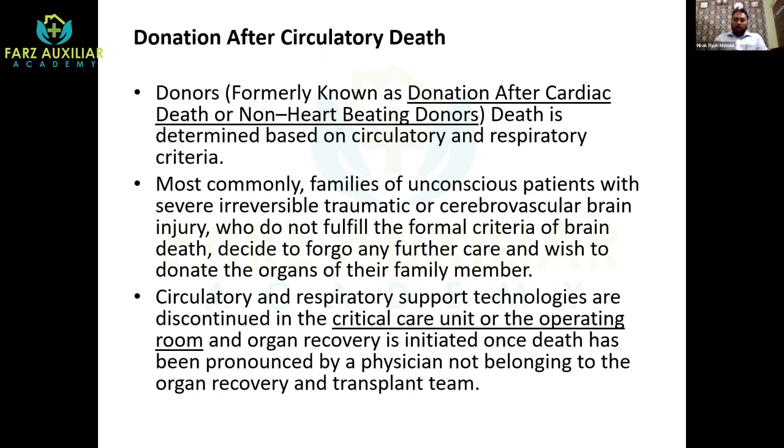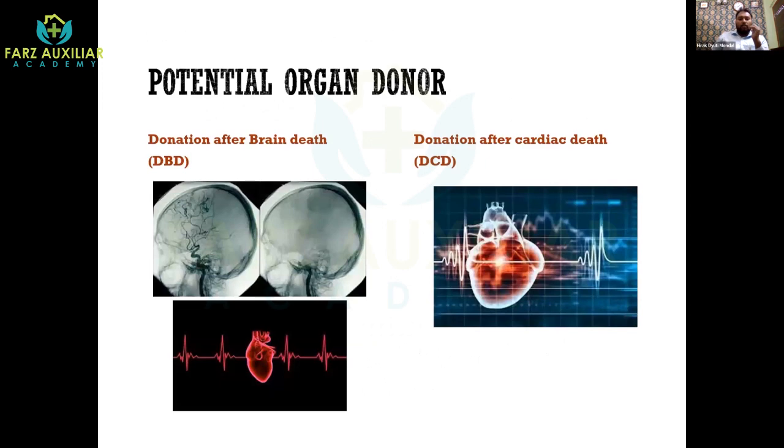One doctor who is not attached to the organ transplant team declares the patient dead, and immediately organ procurement for transplant is started. So there are two potential types of deceased donors: donation after brain death and donation after cardiac death.